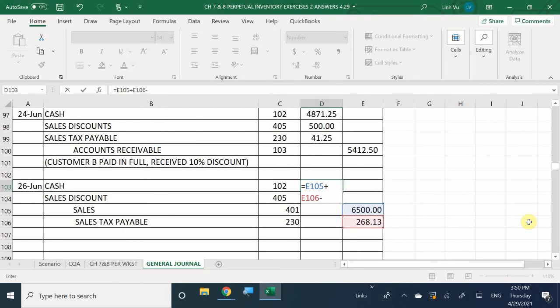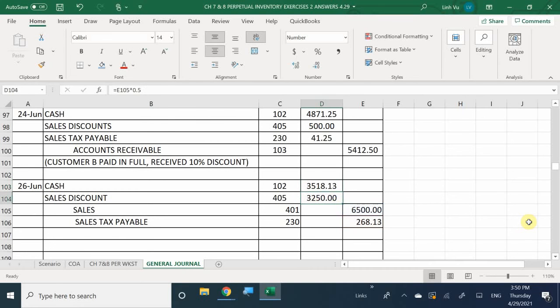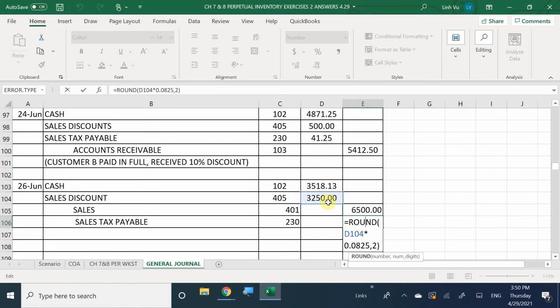We did, for the taxes, the 6,500 minus the discount, right? In this case, I already know that if this is a 50% discount, I just took this number here. So instead of having to enter that piece of information in, I just went ahead and took this one, because I know that my discount amount is going to be equal to this $32.50.